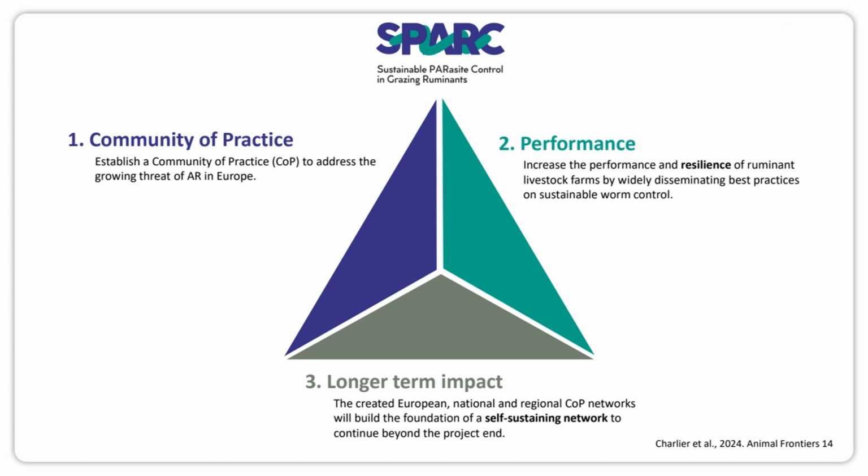So we're building a community of practice on sustainable worm control in grazing ruminants, and to share experiences on how everybody in different farms, in different regions, in different production sectors is doing it, learning from each other, but at the same time always putting a lot of emphasis still on performance and resilience of the farms, because that is in the end what we want.